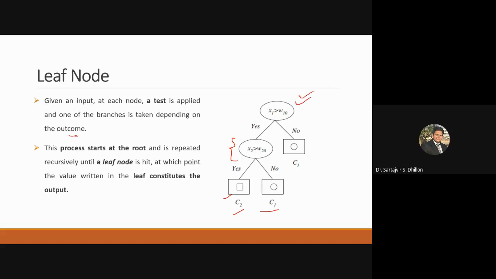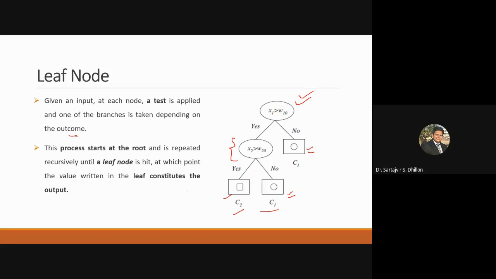Which one is a root? This one is a root. The process starts at a root and is repeated recursively until a leaf node. The leaf nodes are the rectangle boxes. It will continue splitting further until it reaches a rectangle box, at which point the value written in the leaf constitutes the output.